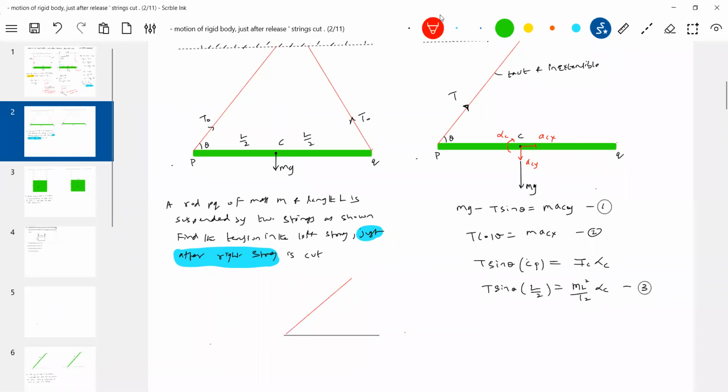So, a_cy will be like this. And L by 2 alpha, tangential acceleration will be like this. And this is a point P. And this is theta. This should be the theta.